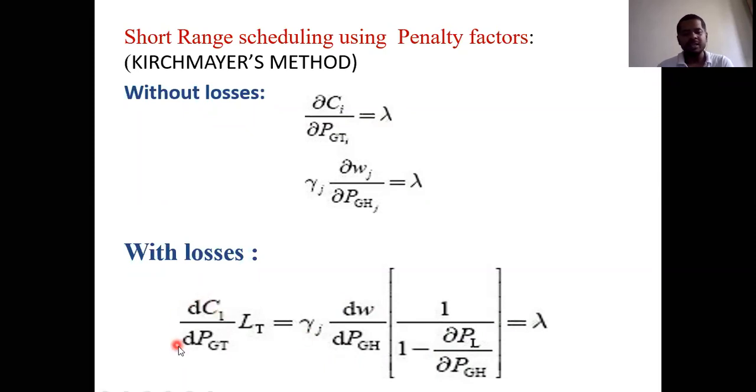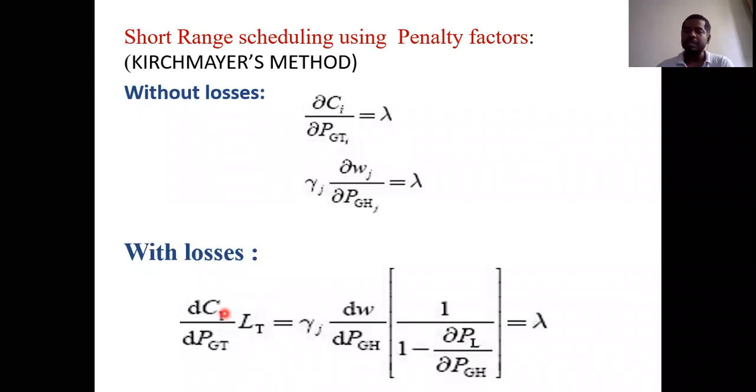When we are considering the incremental fuel cost with respect to power generation in the case of a thermal power plant, we need to consider dC1 by dPGT. But in the case of a hydropower plant, we cannot say incremental fuel cost. The reason is that here the fuel is water. So we cannot represent incremental fuel cost directly for a hydropower plant.